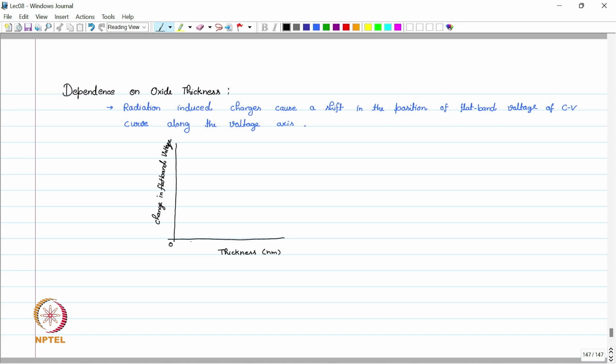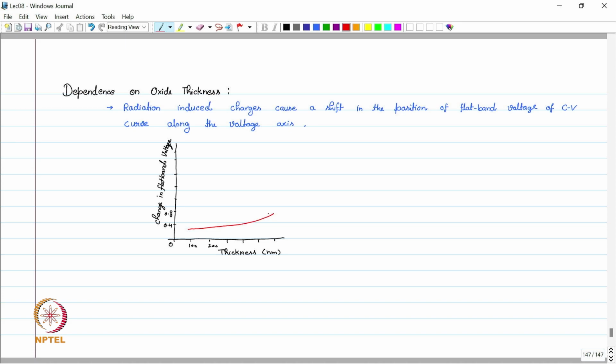This is 0 and typically 100 nanometer, 200 and 300 and so on. And this is, let's say, 0.4, 0.8, like that. So we can have different graphs for different radiation.